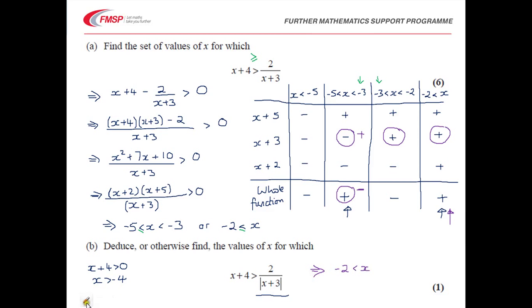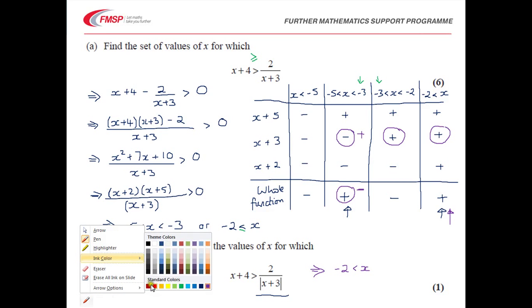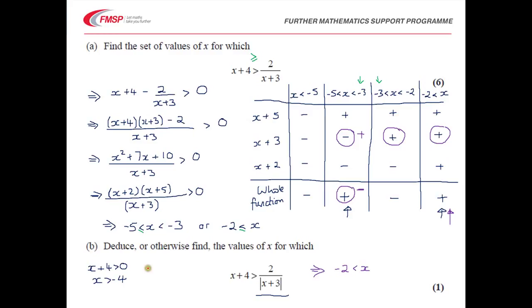Let's have a look at how the mark scheme is applied for this question. For the first part of the question, just one method mark up to this line here. In other words, getting your inequality with 0 on one side and a single term factorised on the other side. They then give you an accuracy mark each for correctly identifying the critical values of minus 2 and minus 5.